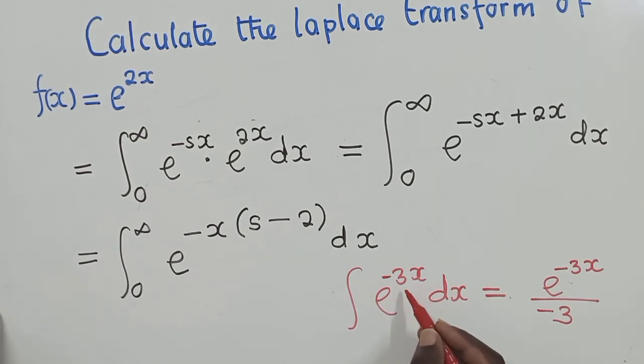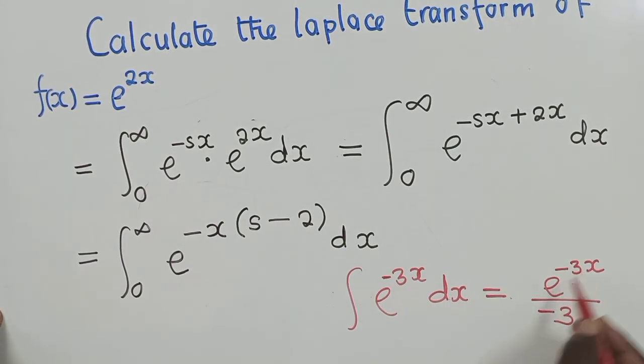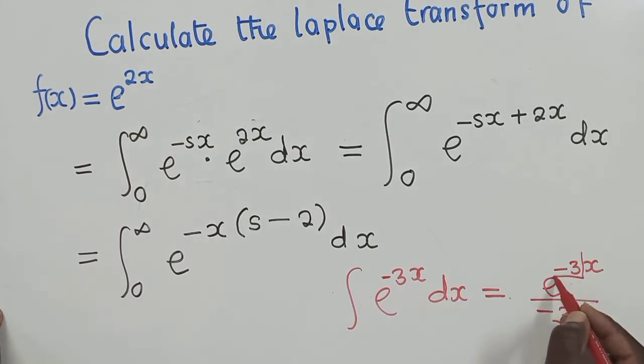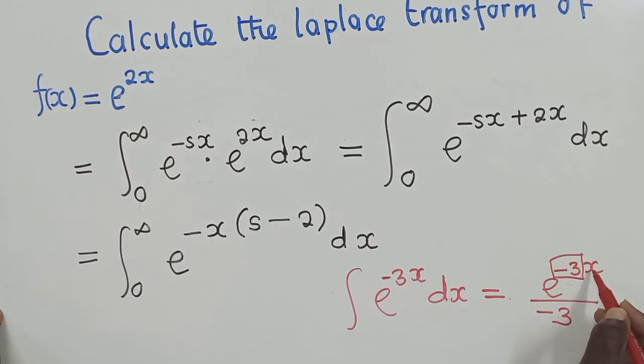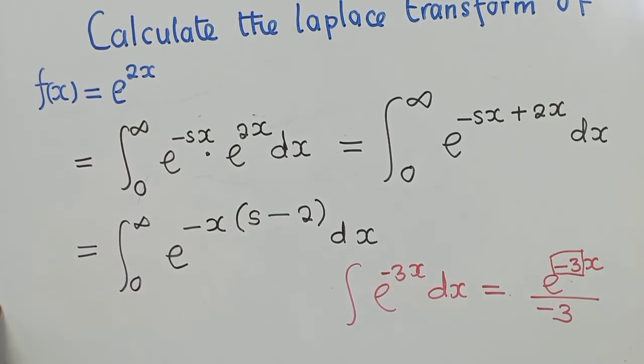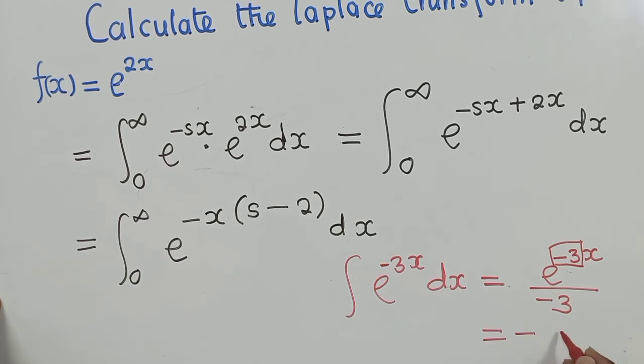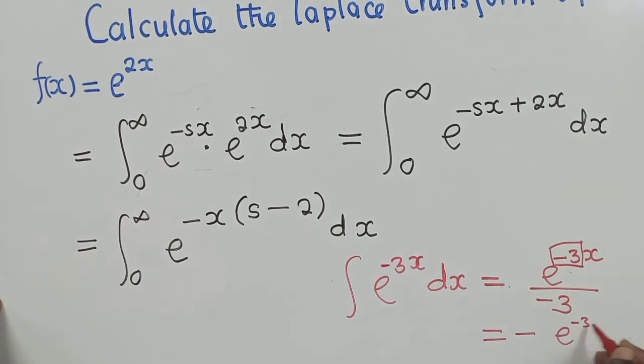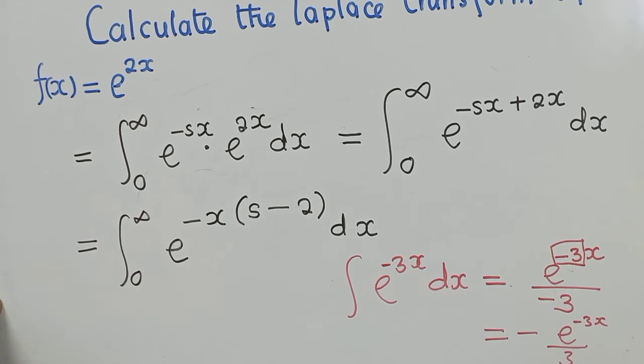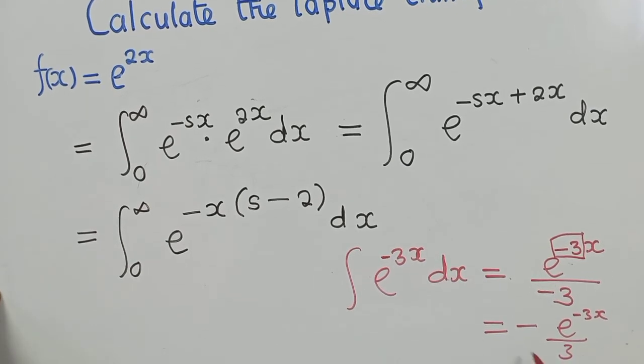Now, you focus on what is here, excluding the letter. So divide by that. You are done. Of which our answer can be like this: negative e to the power negative 3x over 3. Just like that. This is our answer.